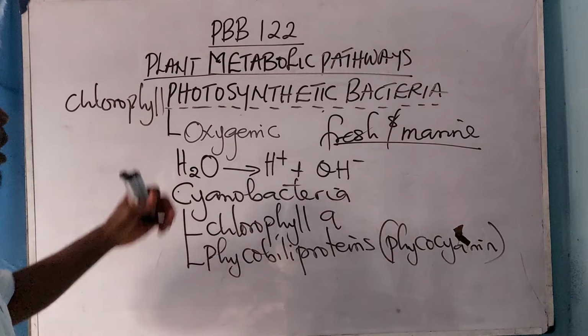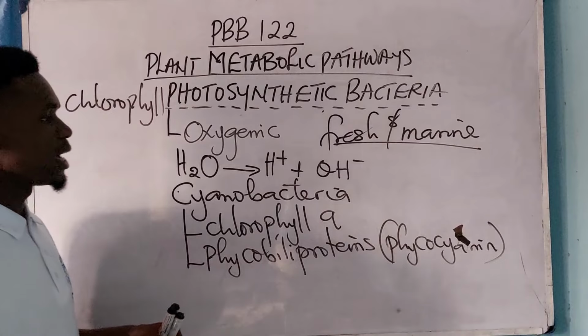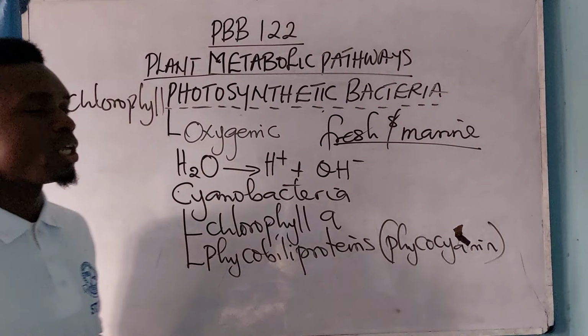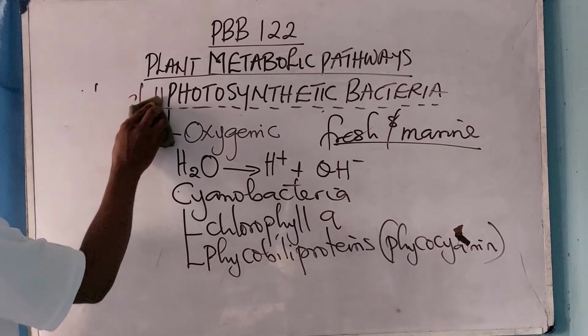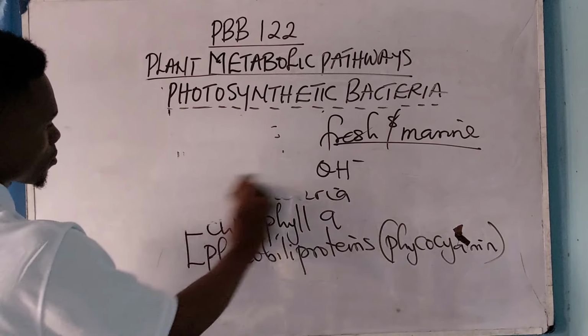Now, since we have analyzed the two types of bacteria, I said the major absorber of light rays is called chlorophyll. Now let us explain chloroplast.